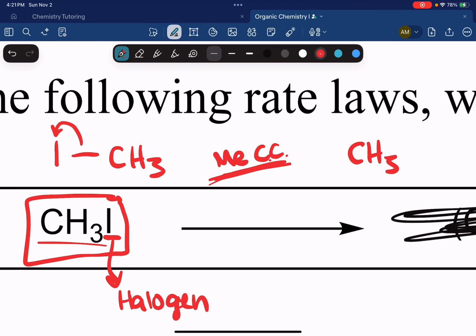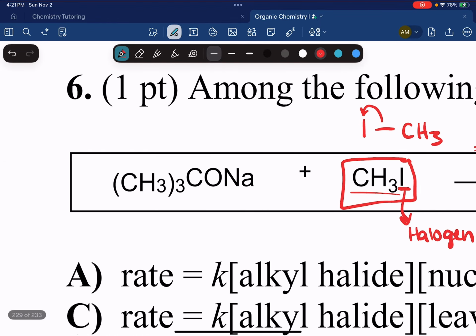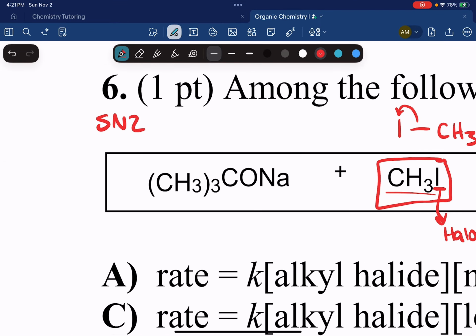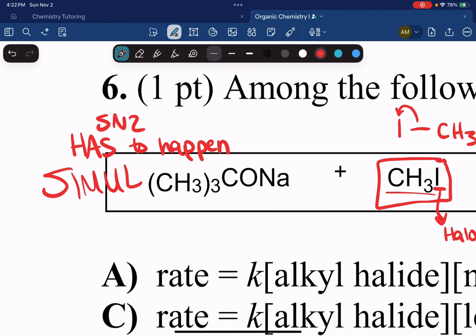A CH3 carbocation, a methyl carbocation, is not stable enough to exist on its own. So does it have to happen simultaneously, or can it exist on its own and stand there for a bit while the nucleophile attaches? It cannot exist on its own. It's not stable enough. So that lets us know that this is SN2 because it has to happen simultaneously. Has to happen at the same time.